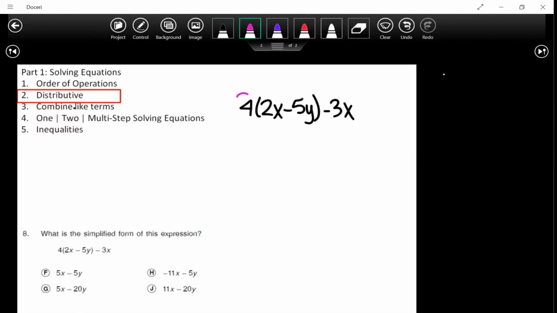The outside number will be multiplied to every number on the inside. So 2x and negative 5y. So 4 times 2x would give me 8x. 4 times negative 5y would be negative 20y. Then we're just going to drop this minus 3x.